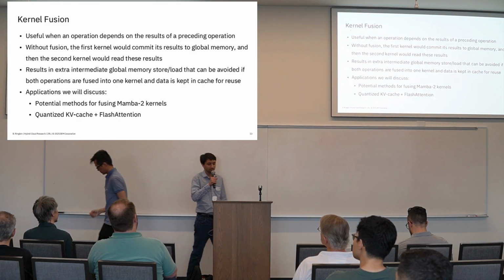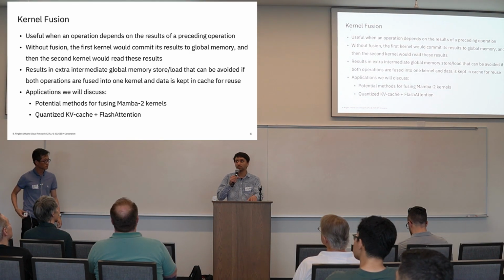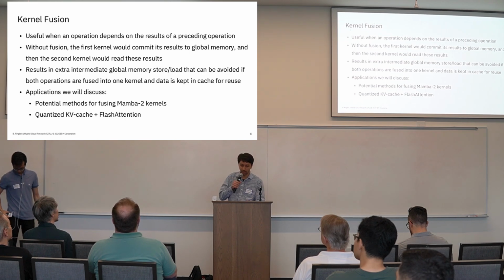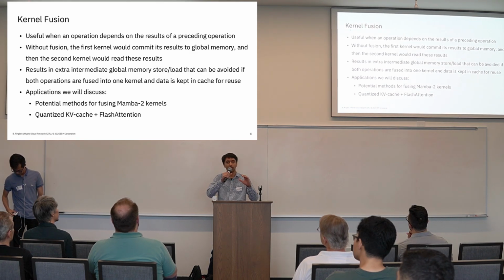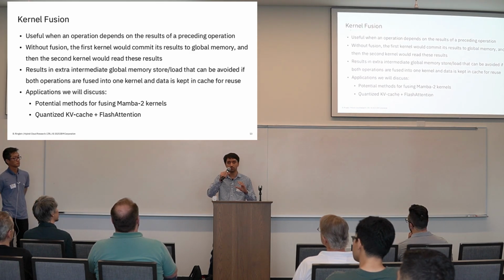Yeah, so I'll first give a bit of motivation on kernel fusion, and then we'll go back to Mamba 2 and fusing kernels there. So kernel fusion is useful when an operation depends on the results of a preceding operation.